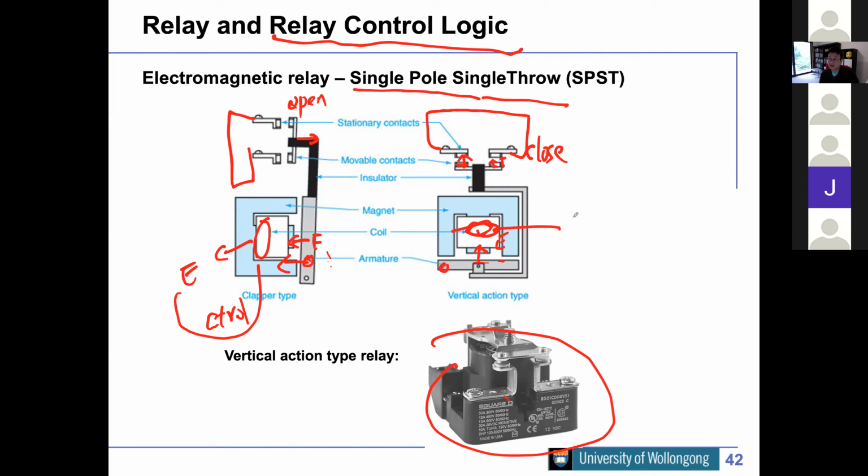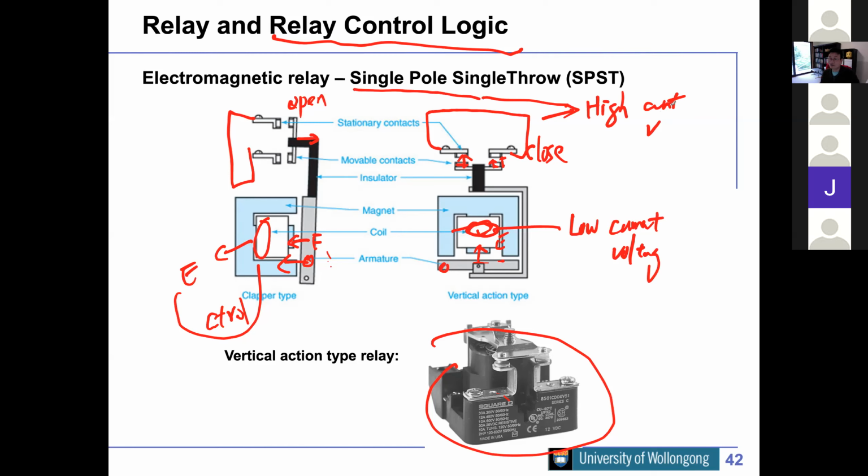This is low current, low voltage, and here will be our working part, high current, high voltage. That's a typical industrial setup.